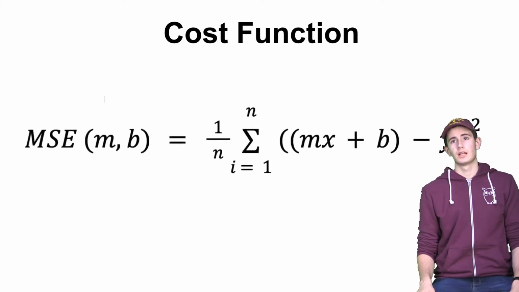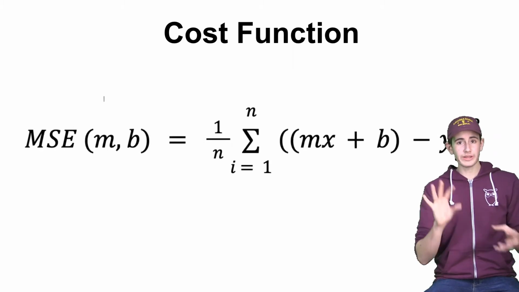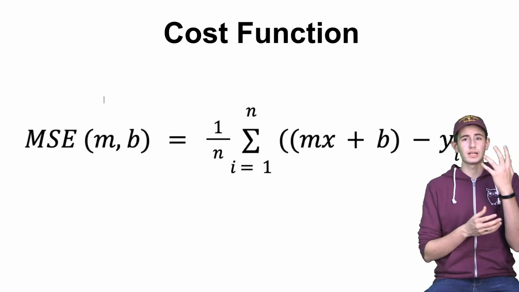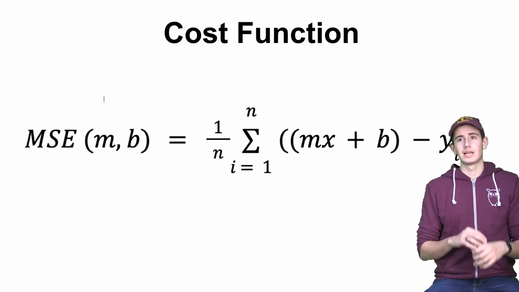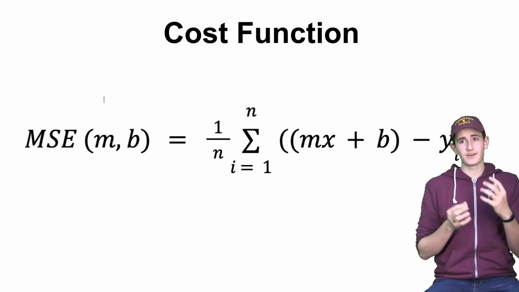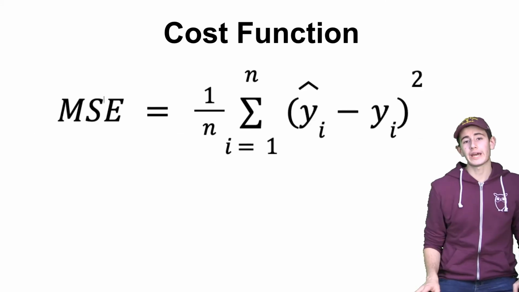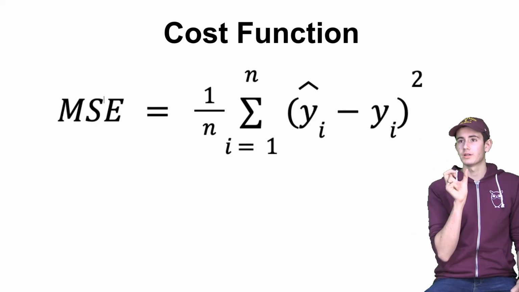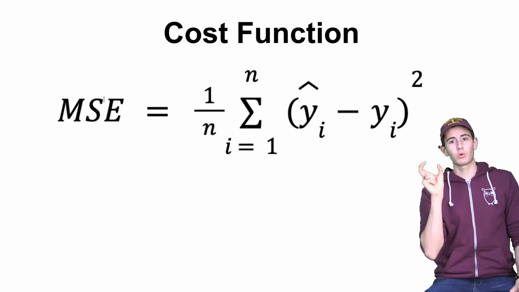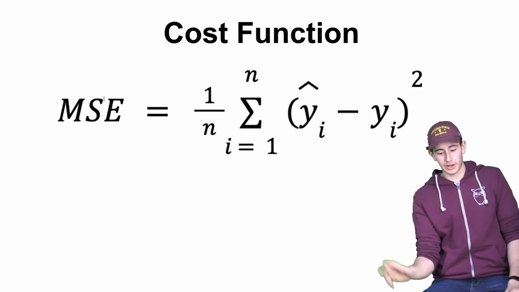Now, mean squared error can be reformulated to make things a little bit more simple. Mean squared error is really a function of m and b, because remember in our previous equation, we had this y hat variable. Y hat is really our equation, mx plus b, right?